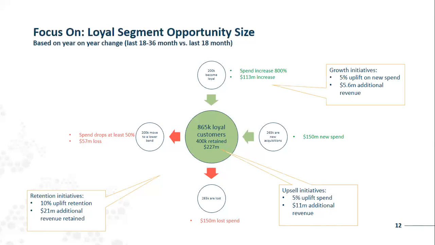But looking at reducing retention and getting a 10% uplift on retention would actually give me $21 million of additional revenue. So if I can't achieve everything all in one go, and I have to prioritize things, perhaps this is showing me that retention is going to be the key place to start.